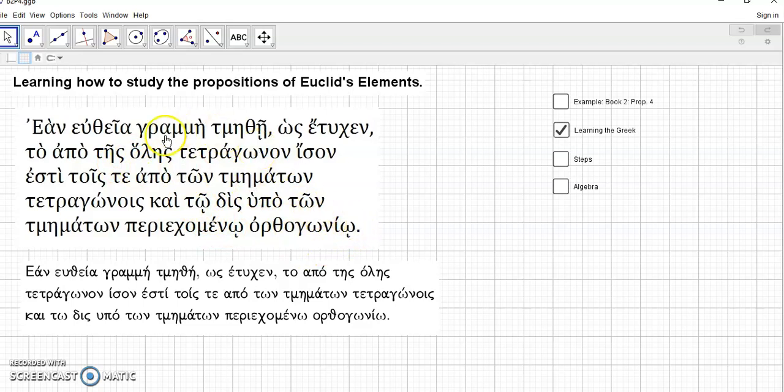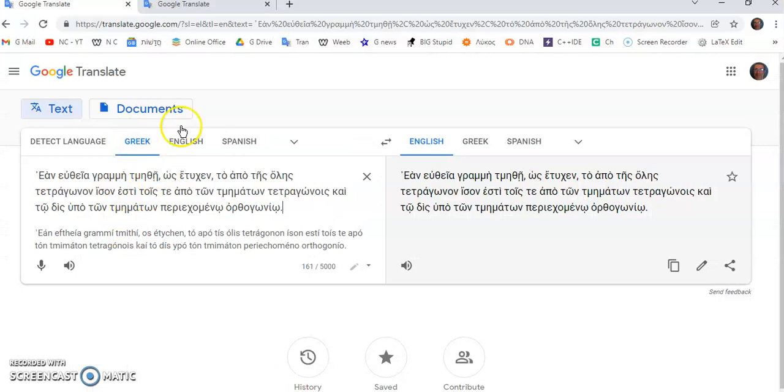Now, if you try to put this into your Google Translate, like you do here, you'll see it can't translate it because Google only translates modern Greek. So if you want to know what that is saying, what you need to do is replace all these letters without the accents, as I've done here.